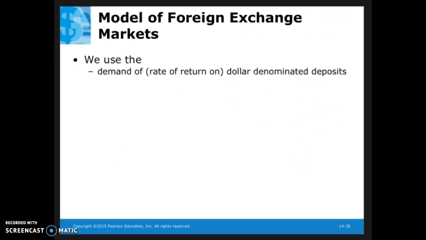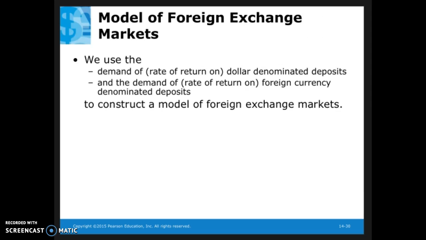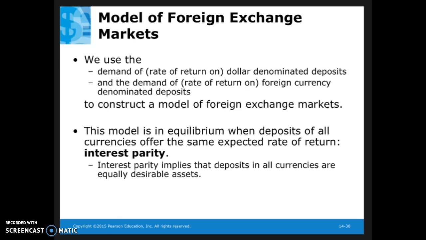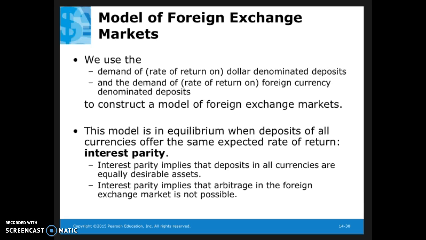So there are some models that we use. We construct a model called interest parity. This implies that deposits in all currencies are equally desirable assets, and that arbitrage in foreign exchange is not possible.